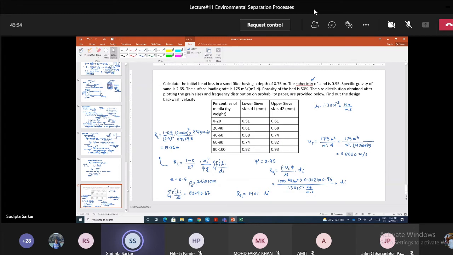Probably we are missing something. Normally a filter is operated when the head loss is about 1.5 to 2 meter. Clean bed head loss should be around 1 meter or so. So please check the calculation by yourself again. I think this will be 1.376 meter rather than the 13.76 that I have got. So please check at your end, and I will also check my calculation once again, and we'll come back to you. Okay.